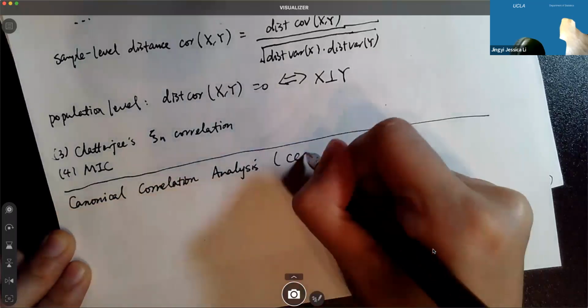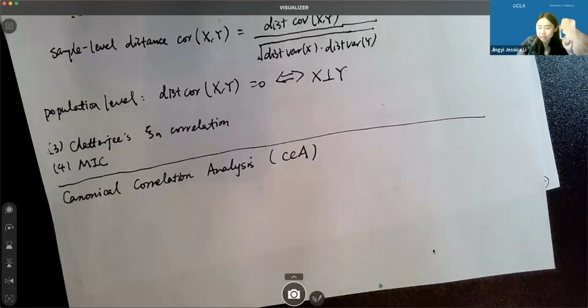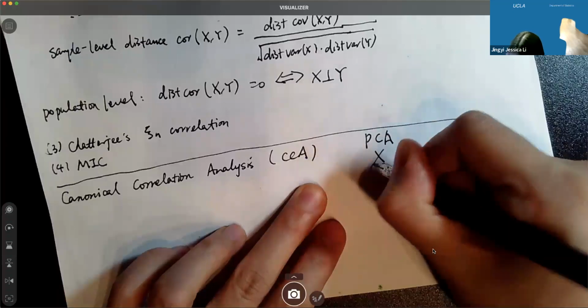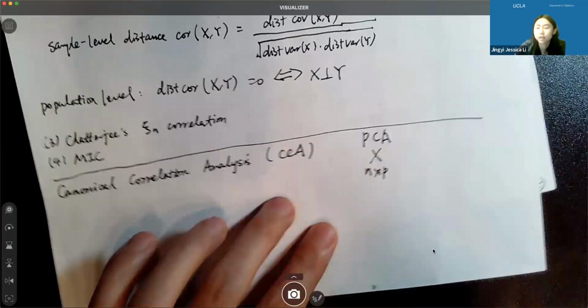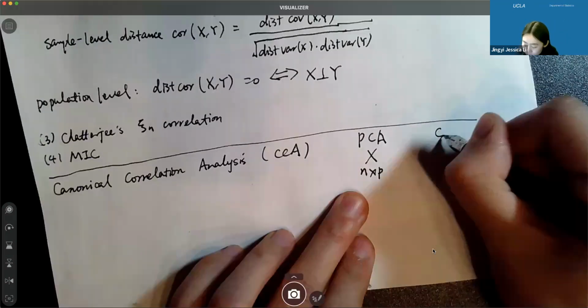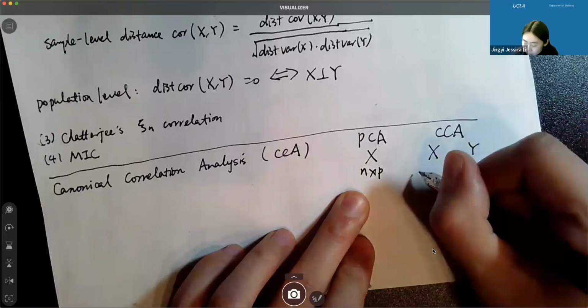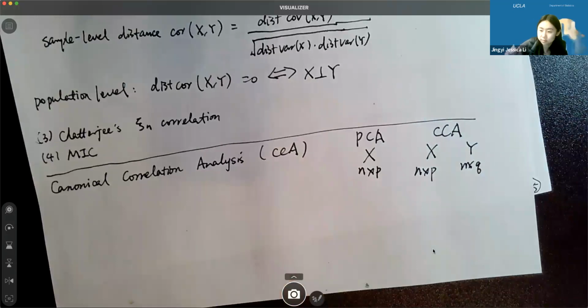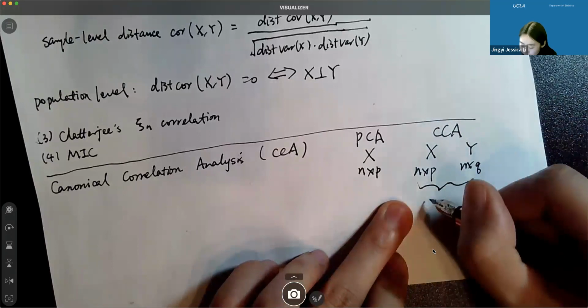CCA for short. You may consider CCA as a generalization of PCA from one matrix to two matrices. Let's say PCA has only one matrix, N by P, N observations, P features, while here CCA deals with two matrices, X and Y, N by P and N by Q. Please note that the two matrices must have rows matched.